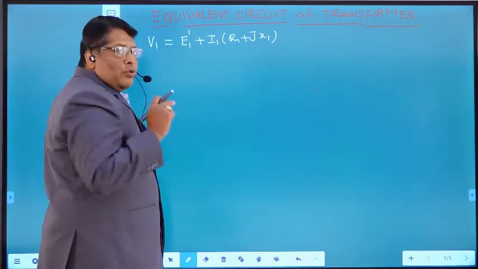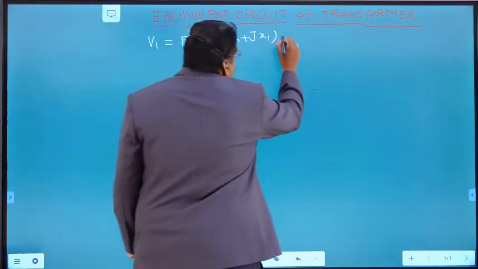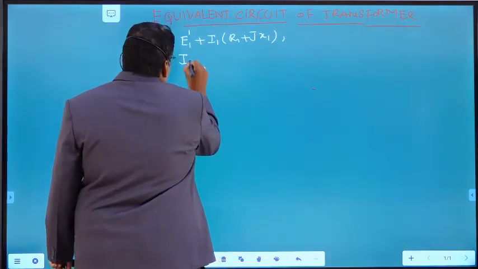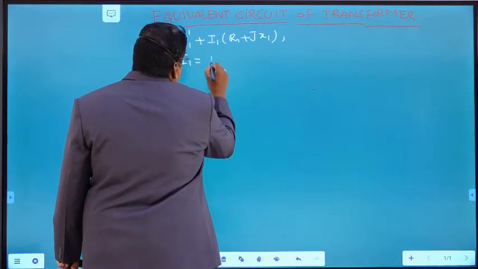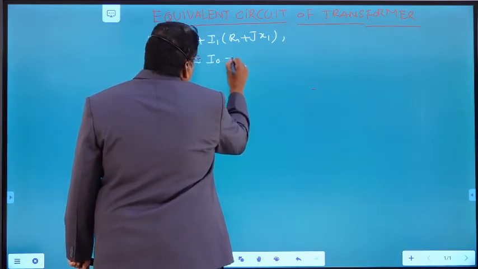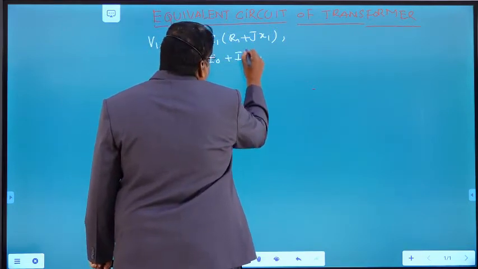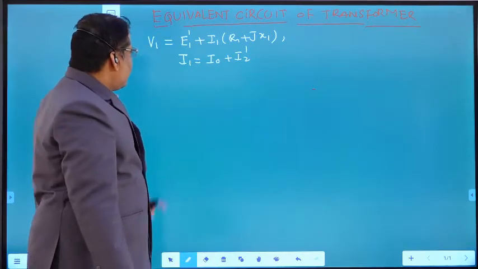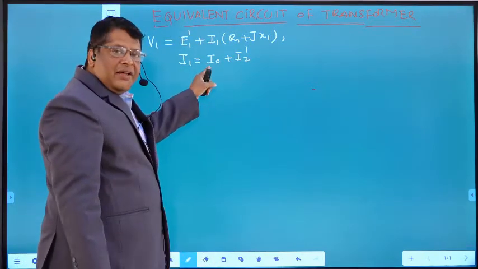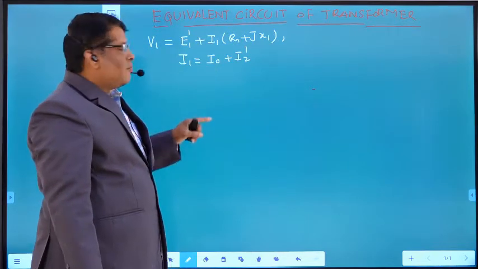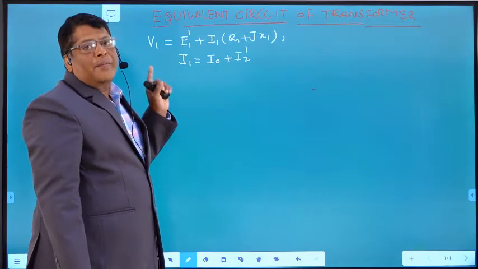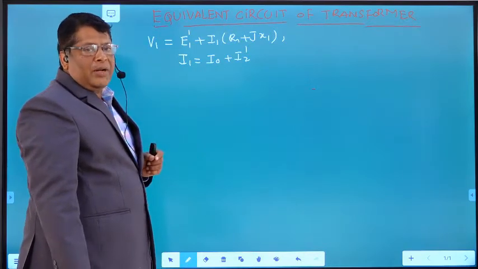We already know that the primary current I1 equals I0 plus I2 dash. Here I0 is the no load current taken by the transformer, and I2 dash is the load component of the primary current.